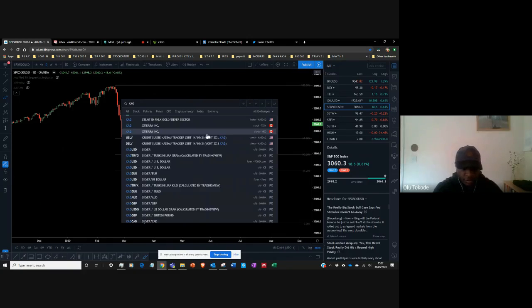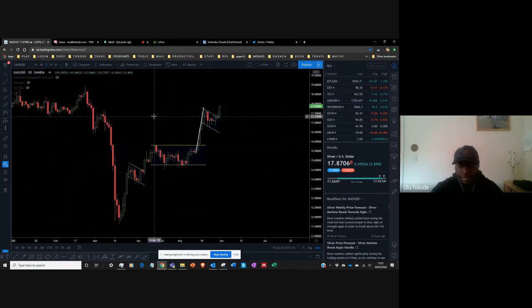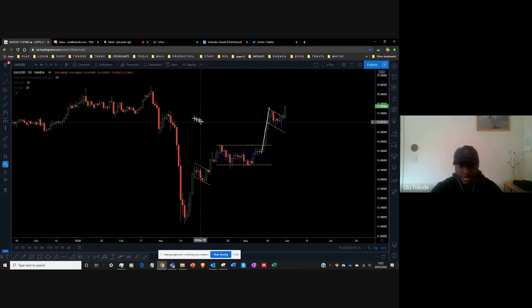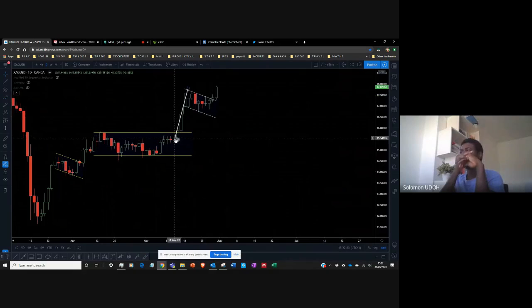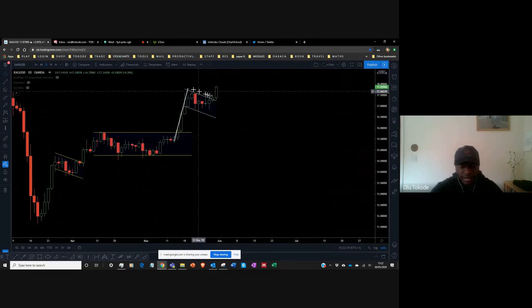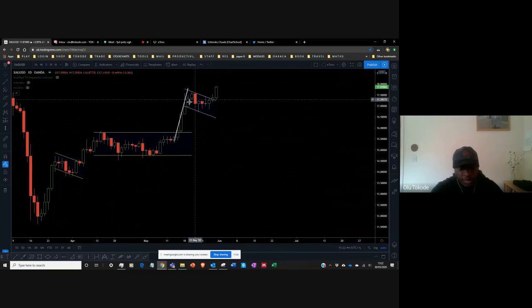silver, actually XAGUSD, silver has formed a very bullish chart pattern. See, that's a bull flag. I don't use the 4 hour chart. If you have an area of consolidation here, that's the flag, and you have an area of strong impulsive move up.